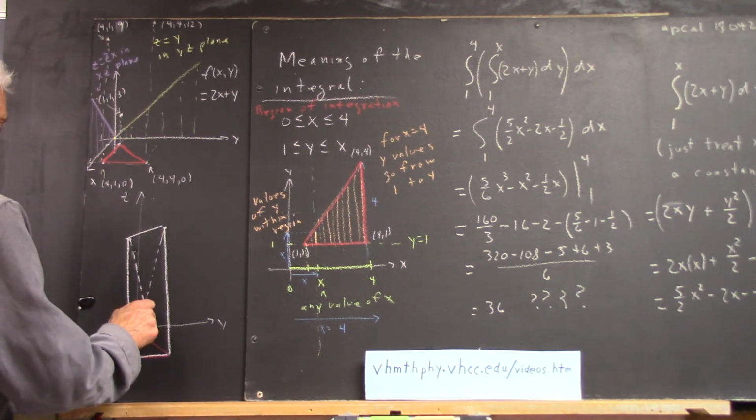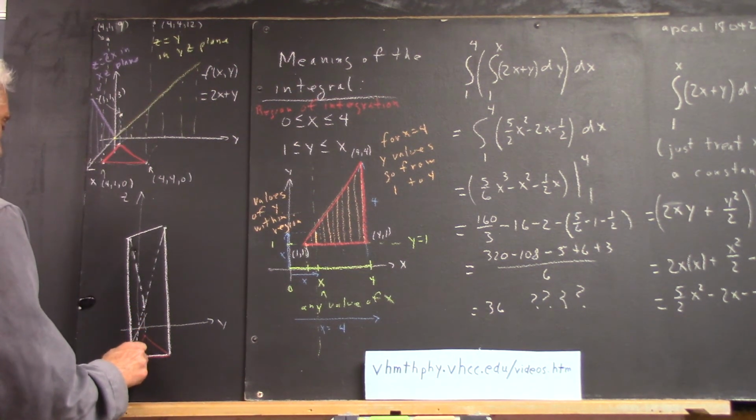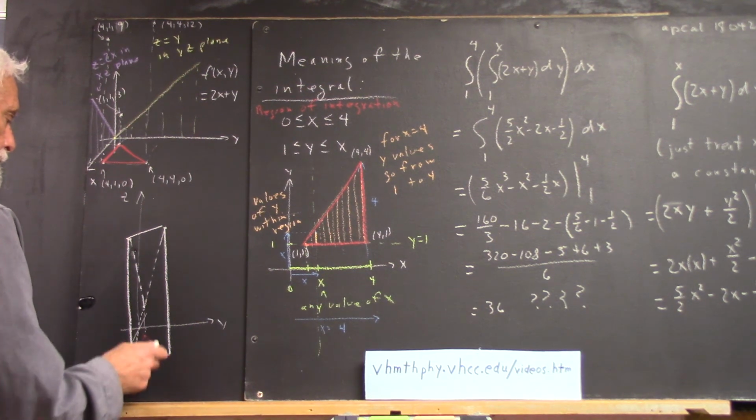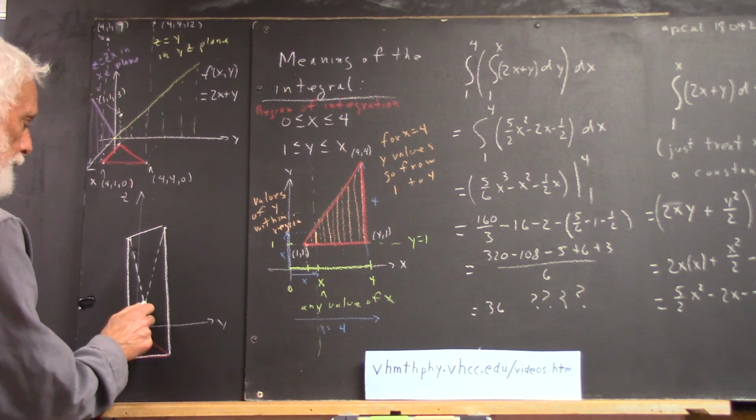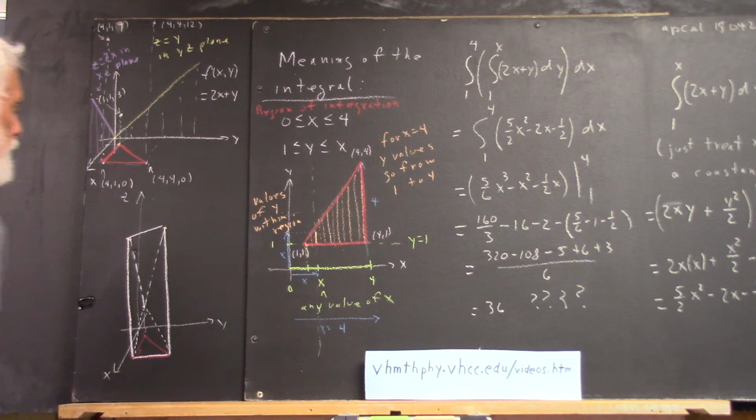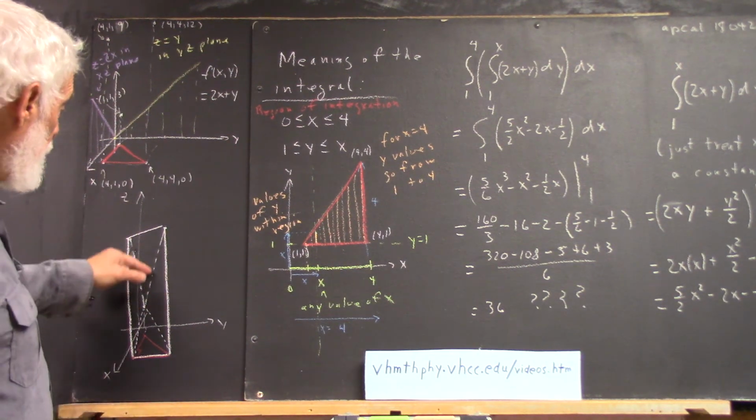And then I'll have a dotted line from here to here. And a dotted line from here to here. Does that make sense? Okay? Well, our integral gives us the volume of this region.